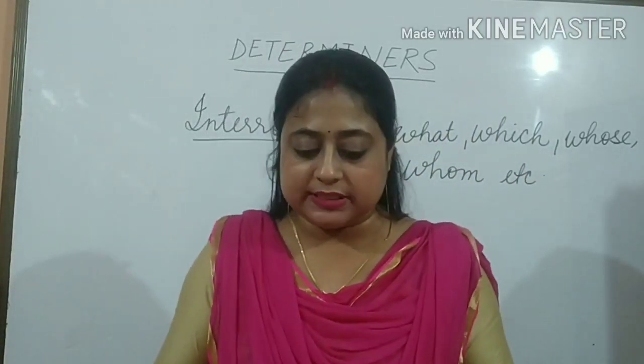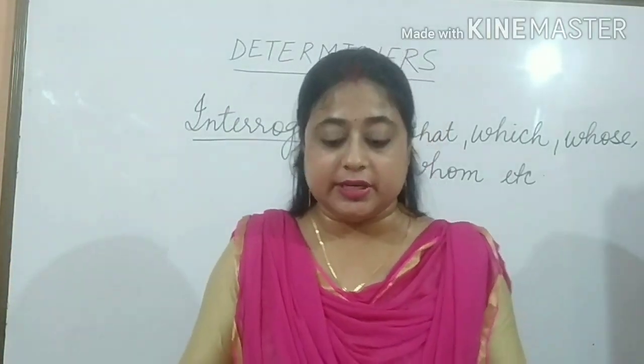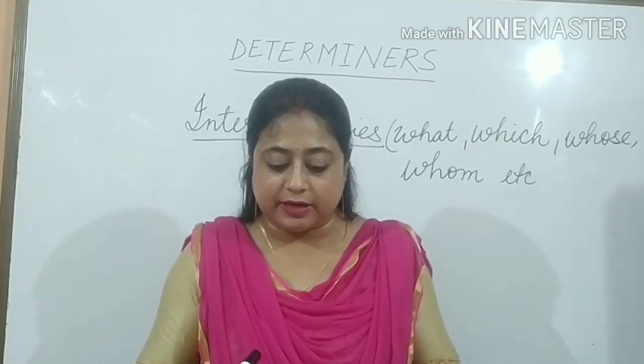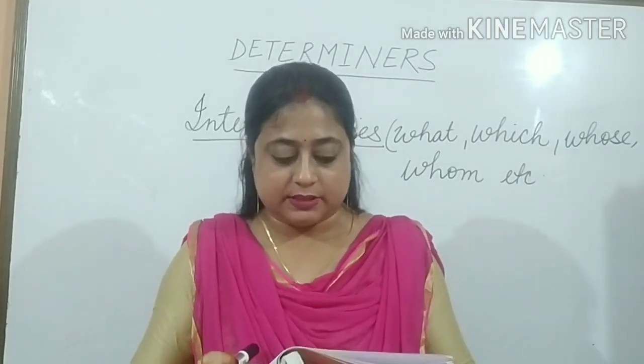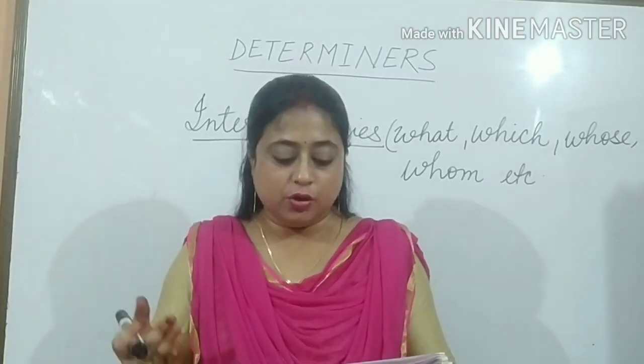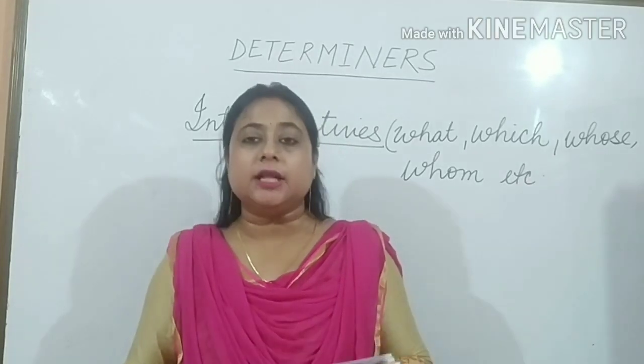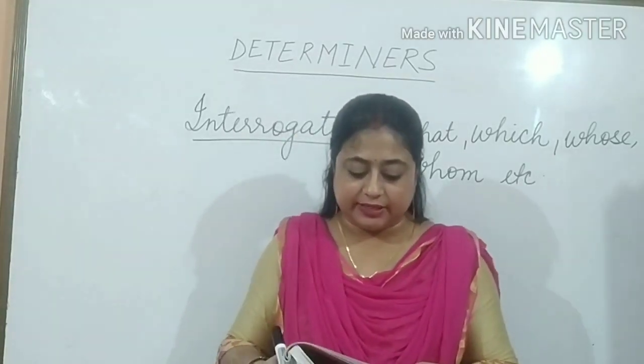So, where do we use it? It is used to ask questions that may be described as interrogatives. For example, I said what, which, whose, how much, how many. These are the different kinds of interrogatives.